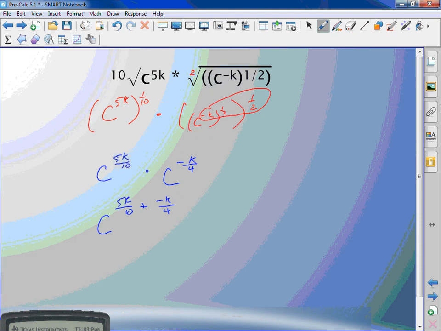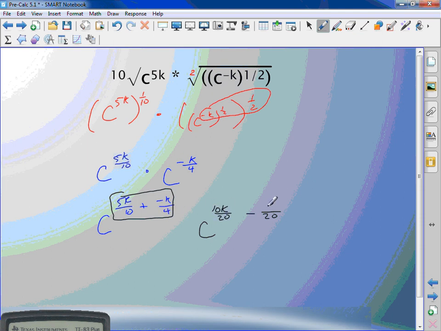What do I have to do in order to solve this? What's a common denominator up here? 20. I'll just put the minus. What times 10 gets me 20? 2. So I have 10k. What times 4 gets me 20? 5.